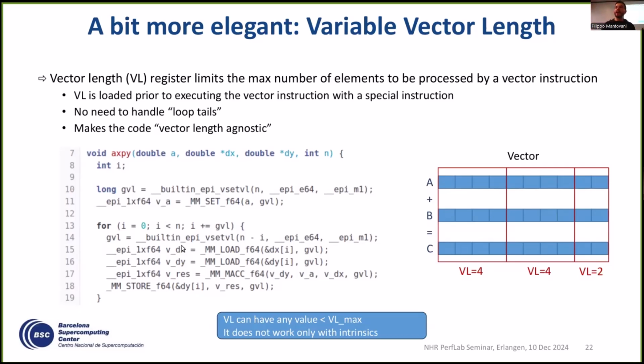And in this way, we don't need to handle tails, right? Because we always ask for the remaining number of elements in our loop, and this data is available because we are counting how many elements we have, so we can always know where we are in our loop.